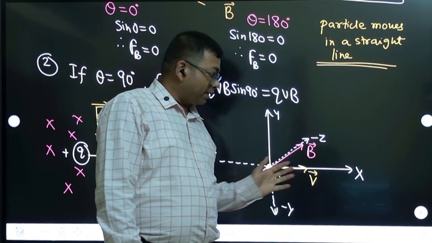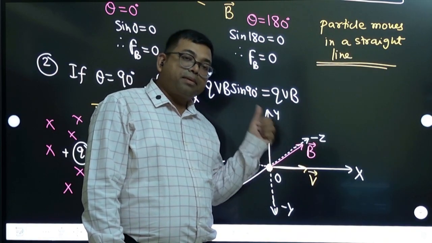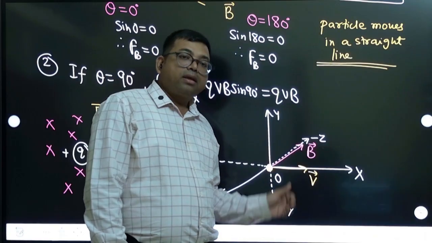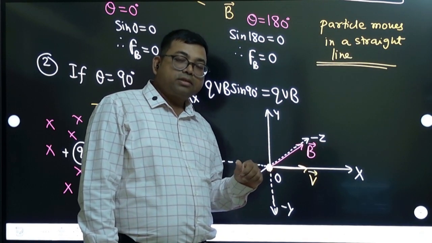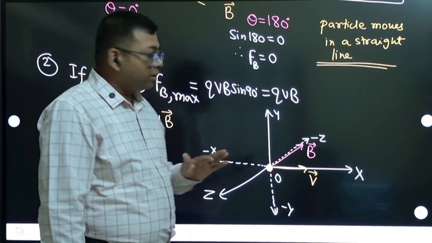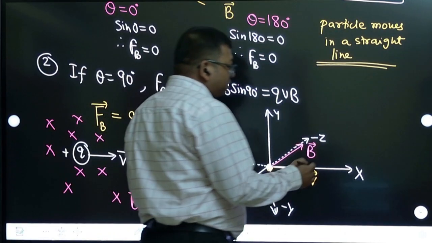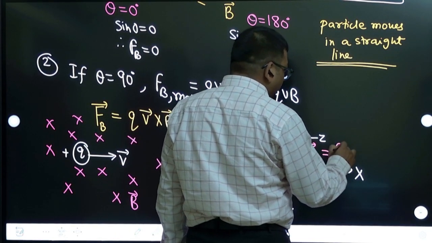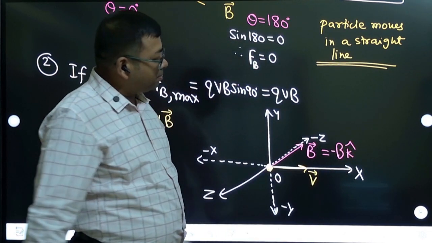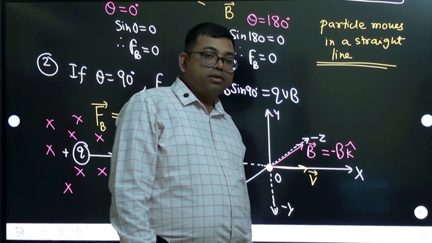You know that i cap is the positive x-axis, minus i cap is the negative x-axis, j cap is the positive y-axis, minus j cap is the negative y-axis, k cap is the positive z-axis, and minus k cap is the negative z-axis. If you have any confusion, you can write it with vectors. Let us write the B vector as minus B k cap, where B is the magnitude and minus k cap is the direction of the magnetic field.